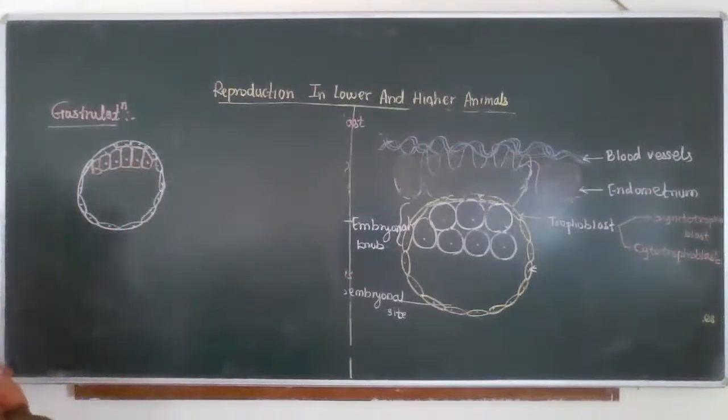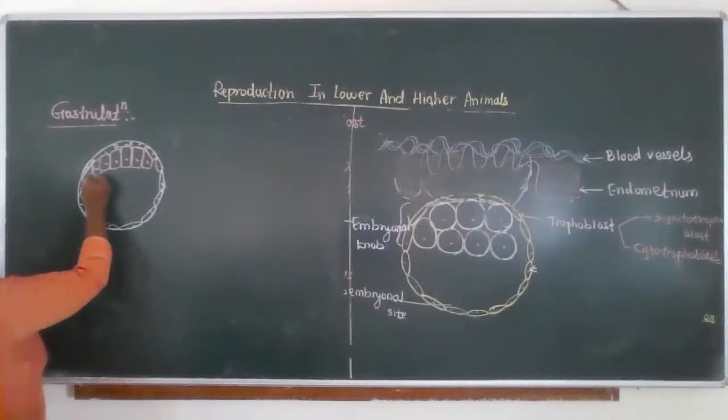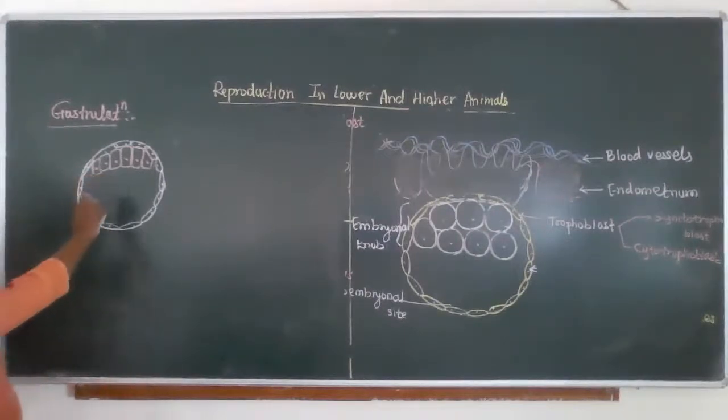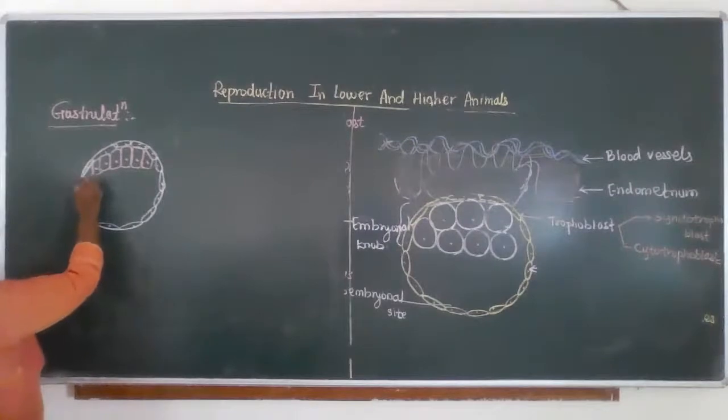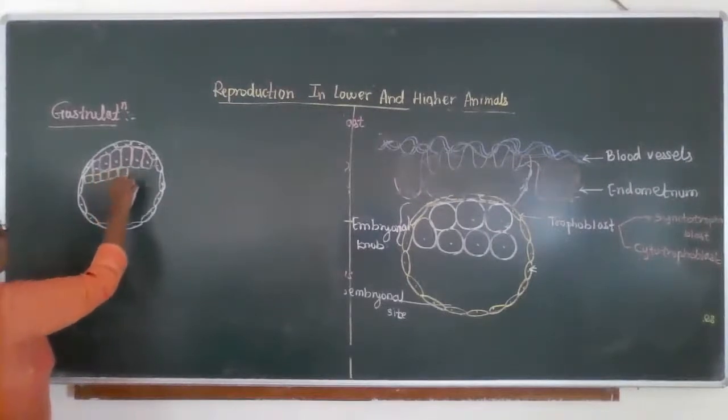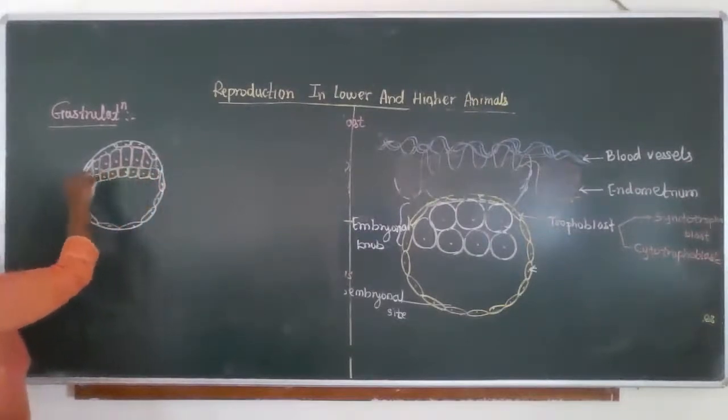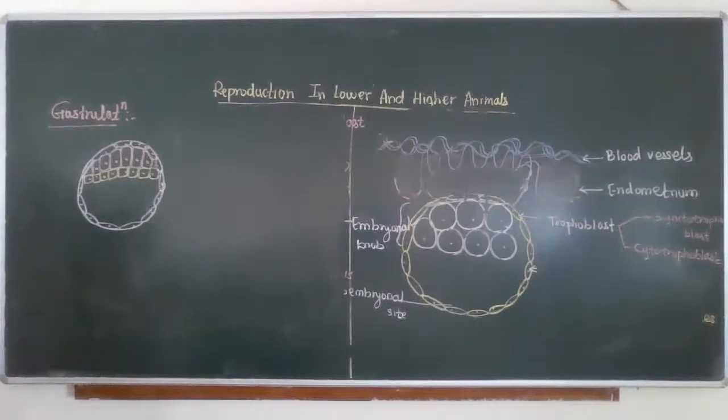Okay. And some cells become cuboidal. Here I'm showing the other cells. Some become columnar and some become elongated. Okay, so it forms the embryonal disc.